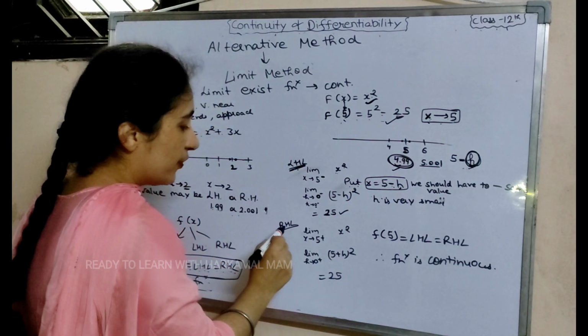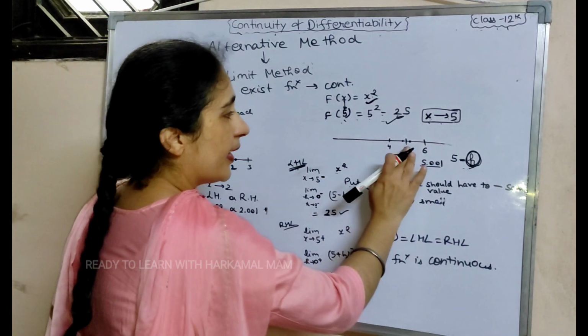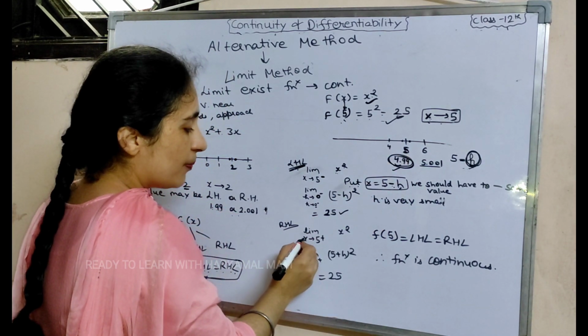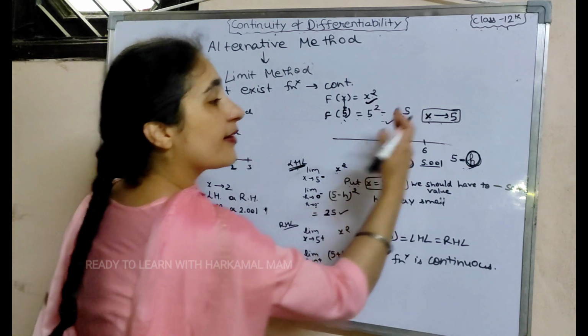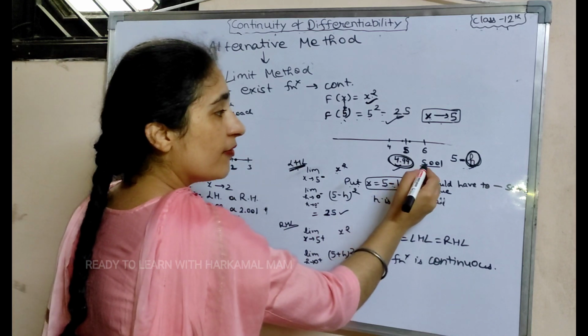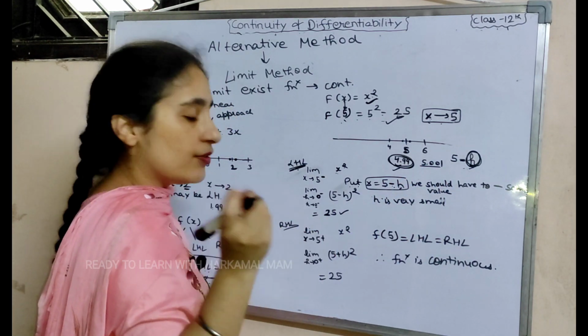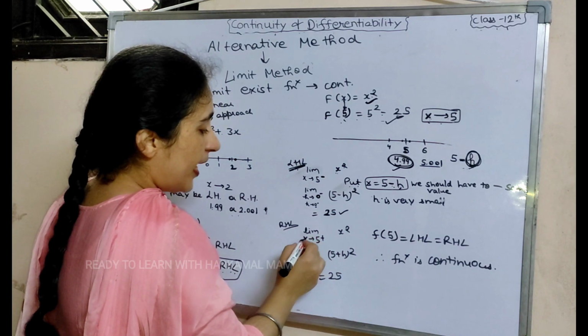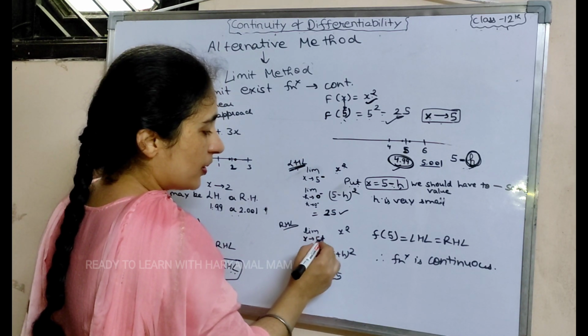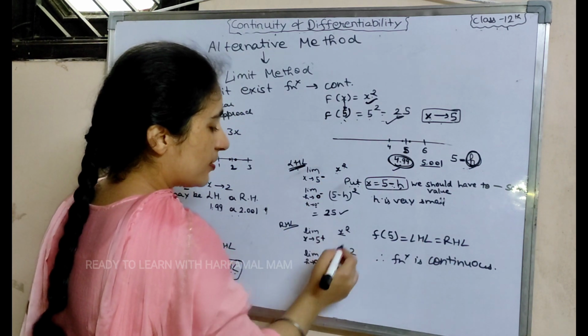Now let us check the right hand limit. Limit x approaches to 5 right. It may be the value 5.001, which is very small. Limit x approaches to 5 positive means right. Here is the function x square.